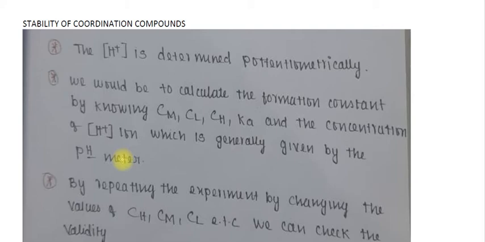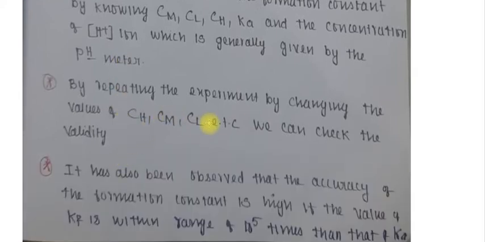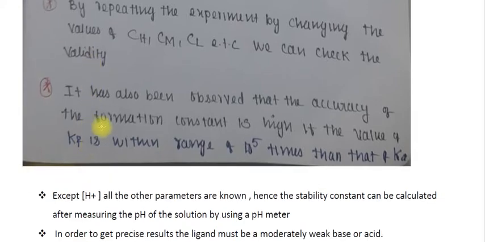By repeating the experiment by changing the values of the CH, Cm, Cl, etc., we can check the validity of the equation, or check the validity of the constants. Then it has also been observed that the accuracy of the formation constant is high if the value of the Kf is within the range of 10 raised to 5 times that of the Ka.